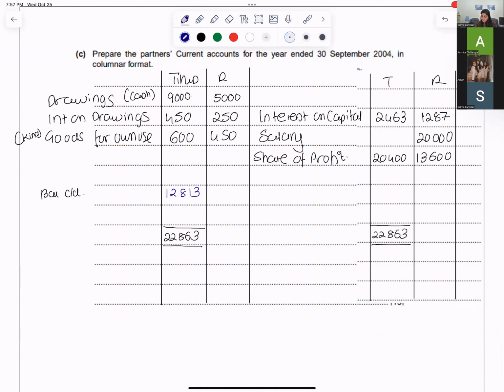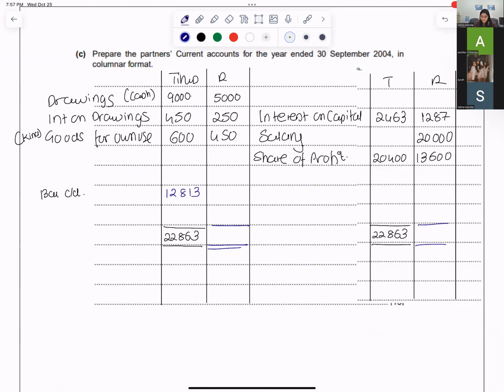Are you with me? Yeah. Now for Ronicus, which side is more? Which side is more for Ronicus? Credit side. In a current account you cannot say obviously, you have to find out.